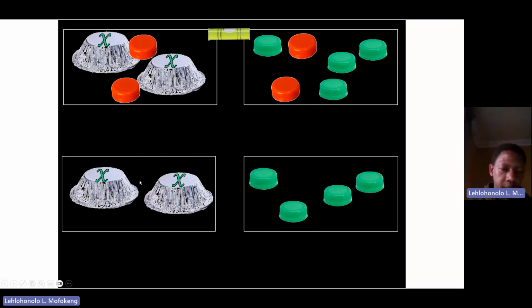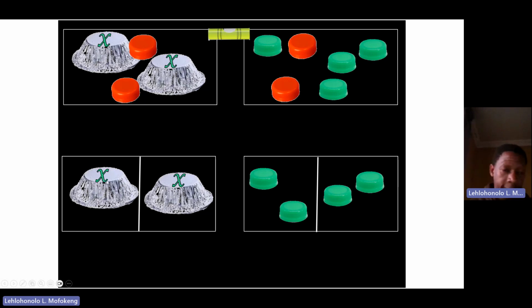Now, we are going to share this 2x, and whatever we do on the left-hand side, we must do on the right-hand side. We must also share the number into 2 equal parts on the right-hand side. As we share, there you go. You will see that for one cap, we are going to have 2.